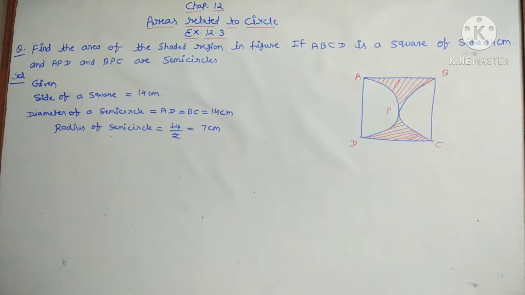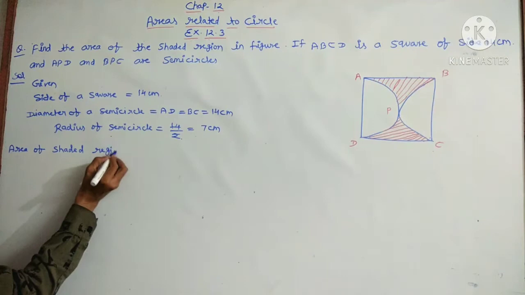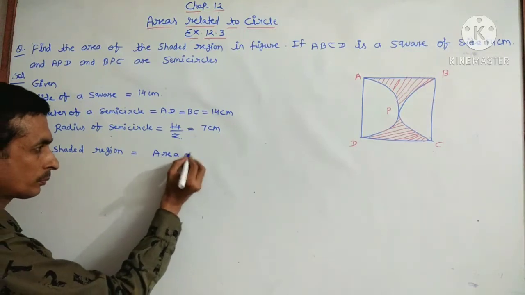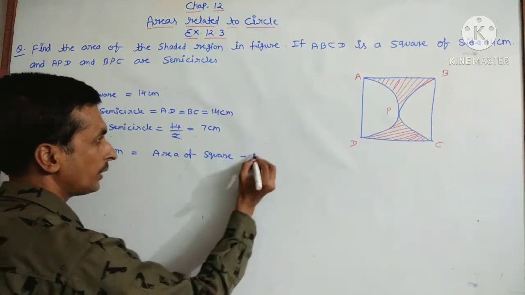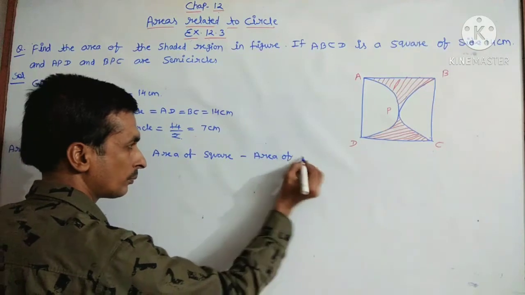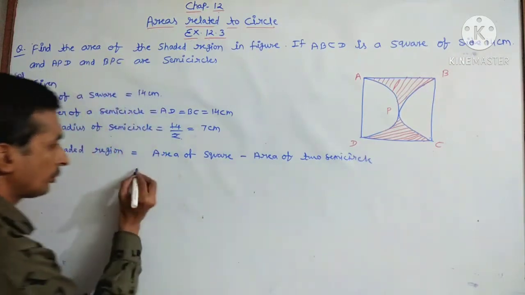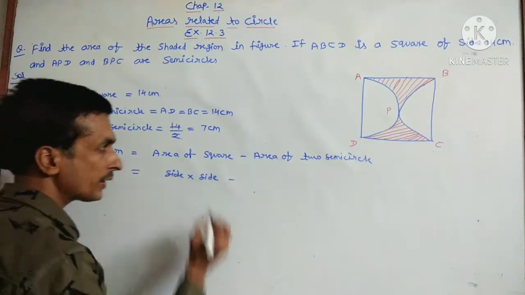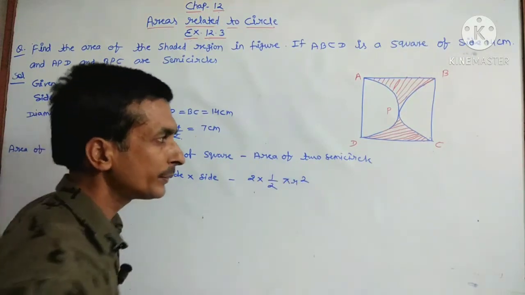We have to find the area of the shaded region. So now you can write: area of the shaded region equals area of the square minus area of two semicircles. Here the area of a square is side into side, minus the area of two semicircles, so 2 into 1 upon 2 pi r square, right?